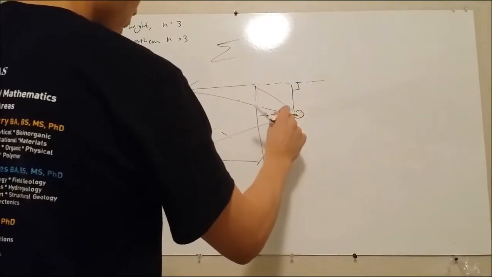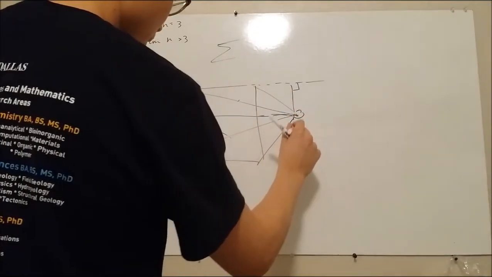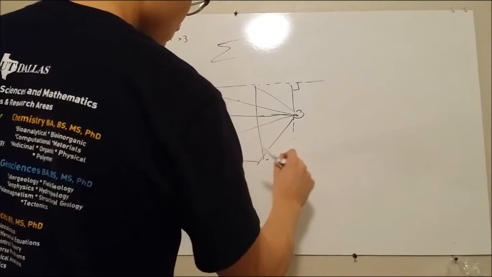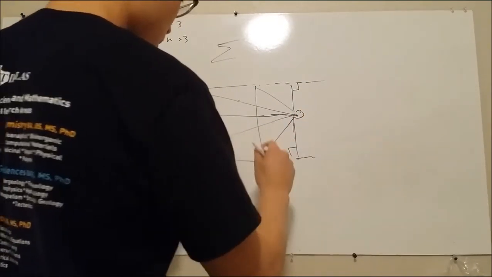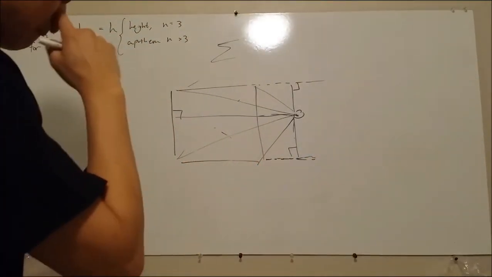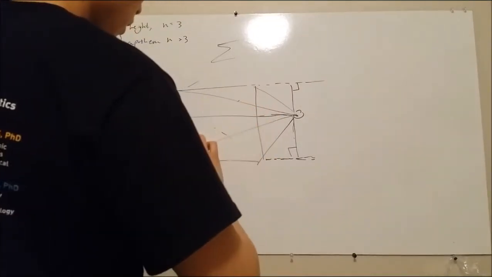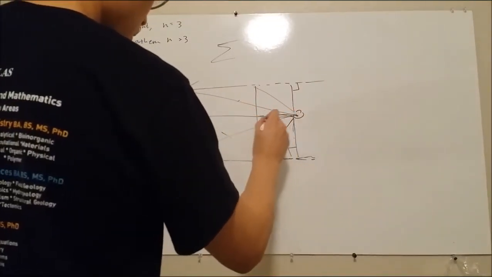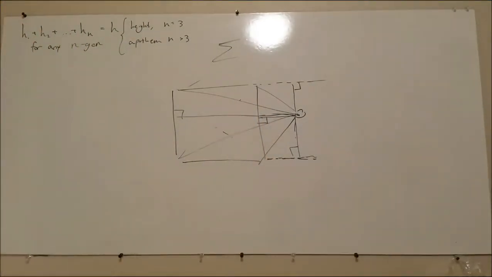And another height here, and another height here, or rather a distance. Another one here. What else do we need? Ah yes, this one here. And another one here.